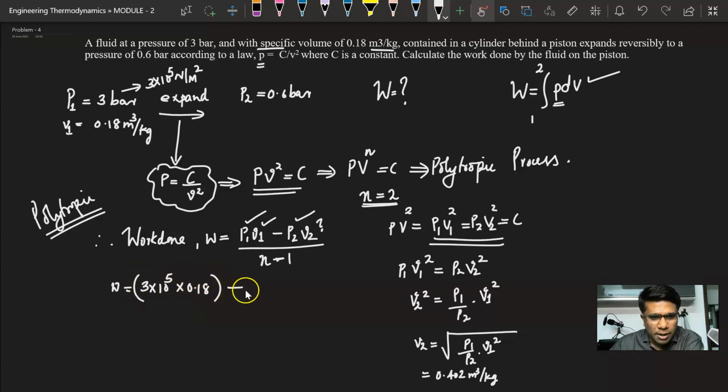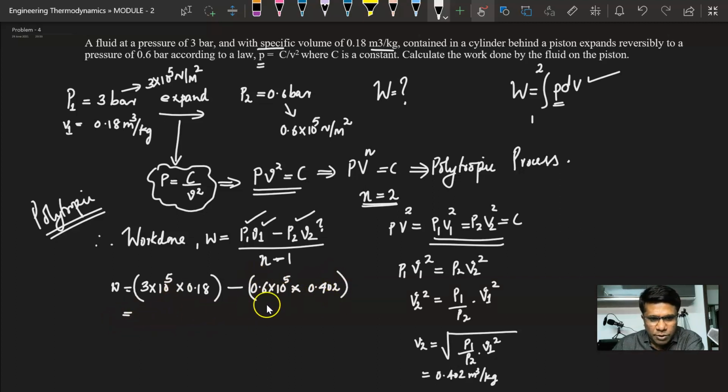Thus minus P2, what is P2? 0.6 bar, 0.6 bar means 0.6 into 10 raised to 5 Newton per meter square, into V2. I have already found it is 0.402 meter cube per kilogram.